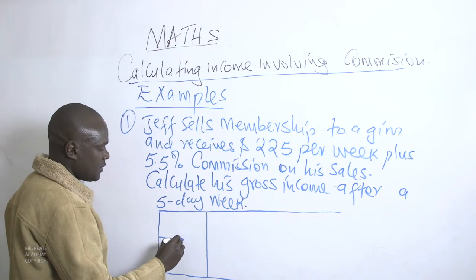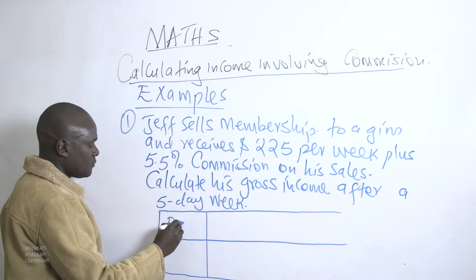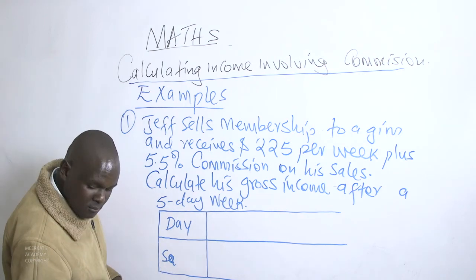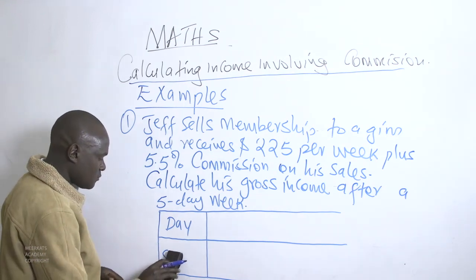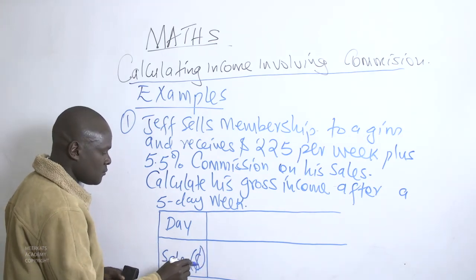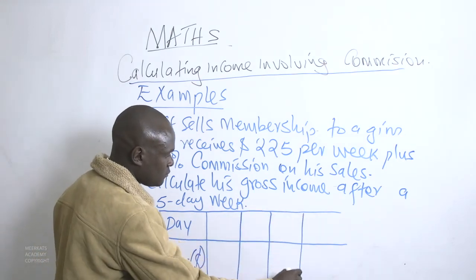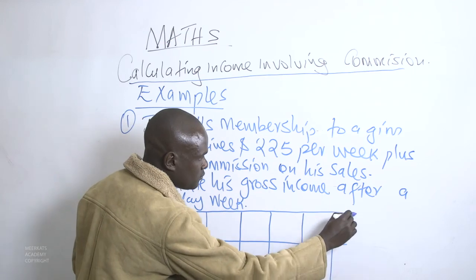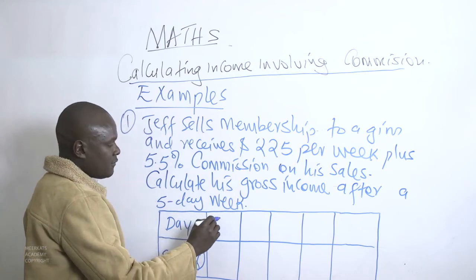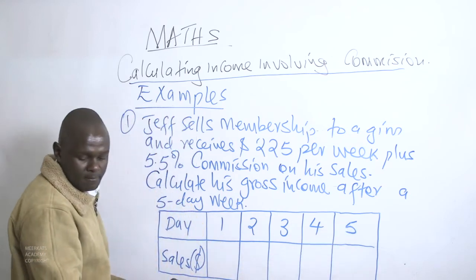We will use this particular table to answer that particular question. So we have the first day, the second day, the third day, the fourth day, and the fifth day.